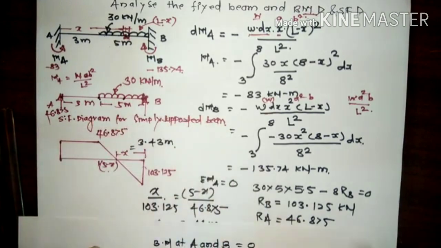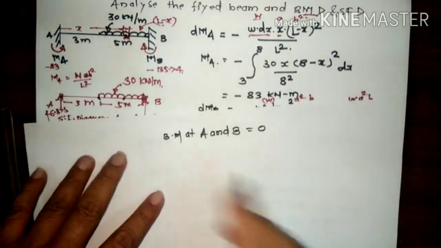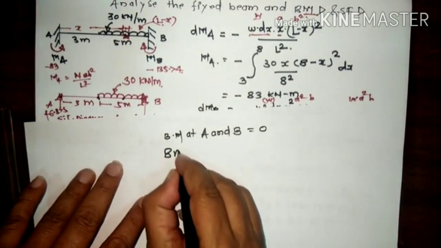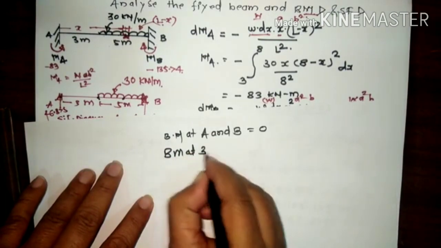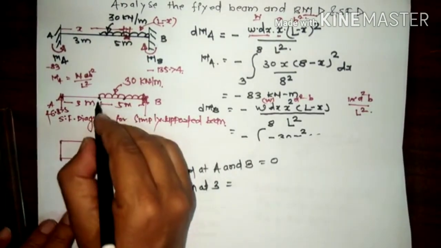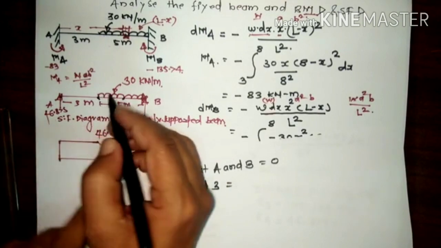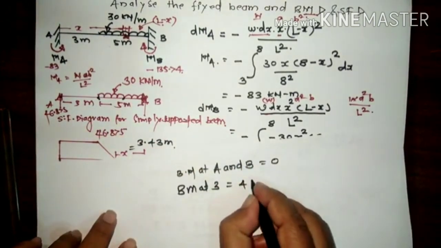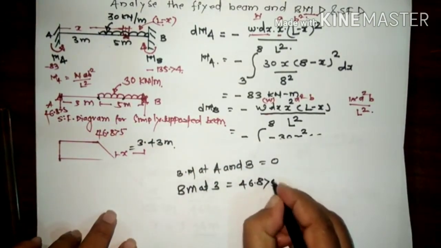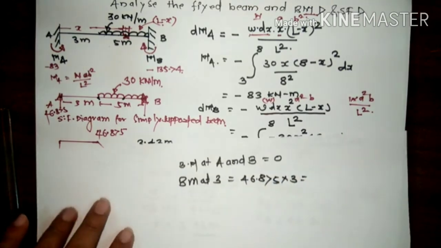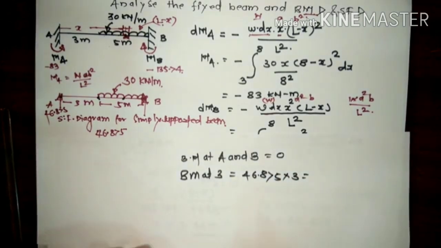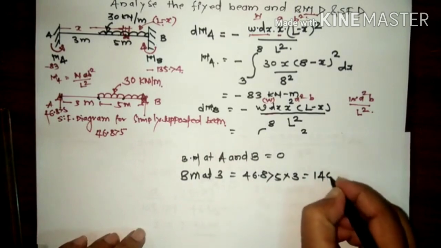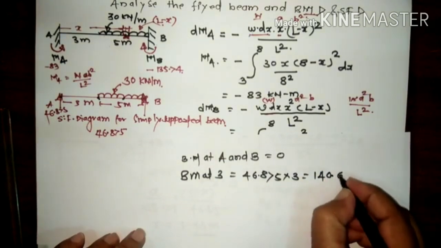So suppose the bending moment at 3 meter. We take it from the left side, so that is 46.875 into 3. That value is 140.625.